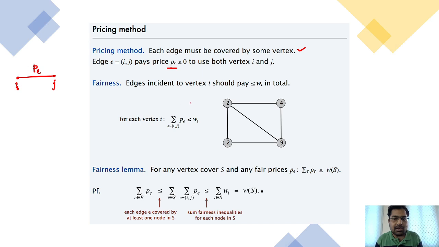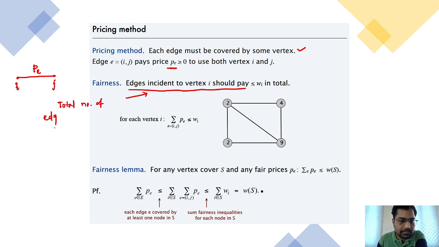The fairness condition says that the edges incident to a vertex i should pay, that represents the total of all the edges incident to vertex i.